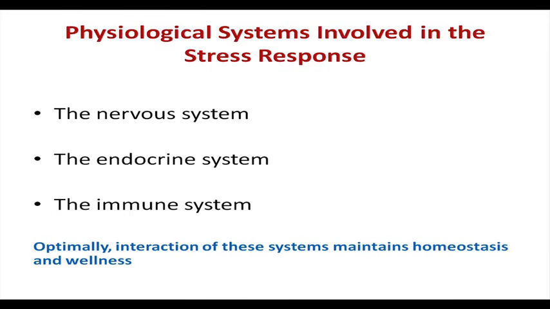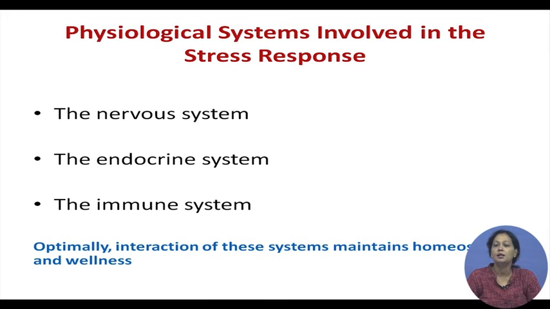So, primarily the three systems, that is the nervous system, the endocrine system and the immune system, are involved in the modulating of stress within the individual. Optimally, when these three systems are working ideally, their interaction helps to maintain homeostasis and wellness.